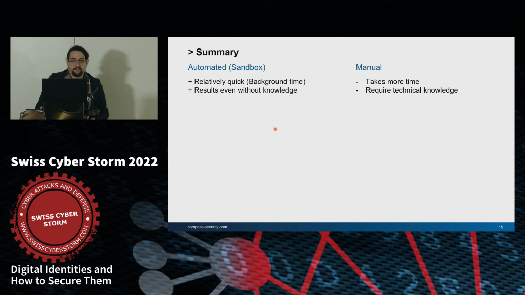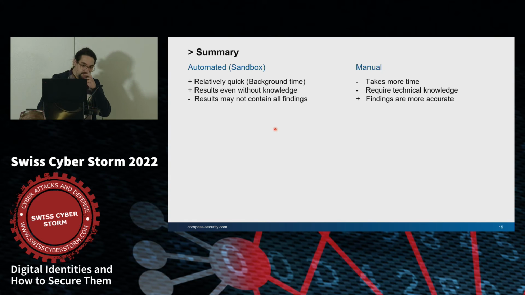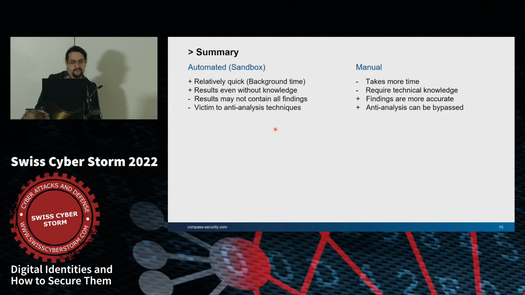Manual analysis requires some technical knowledge, so you need people with a bit more knowledge. The problem with some automated analysis is that you might not have all the findings, and sometimes this can be okay, sometimes it can be the difference between a successful incident response and a failed one. Automated analyses are victim to anti-analysis techniques.